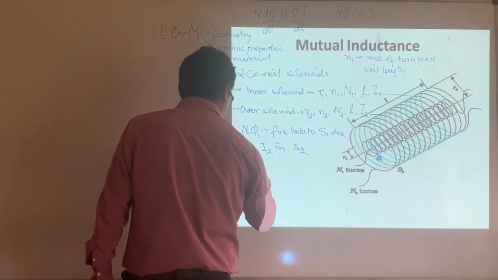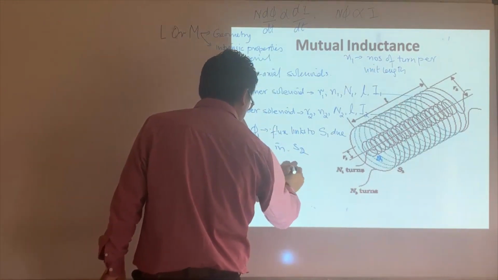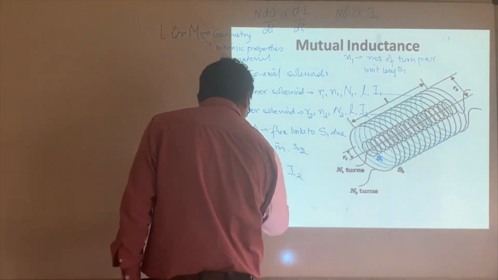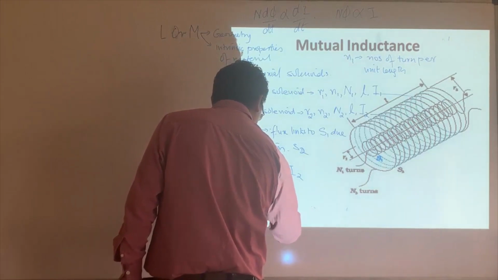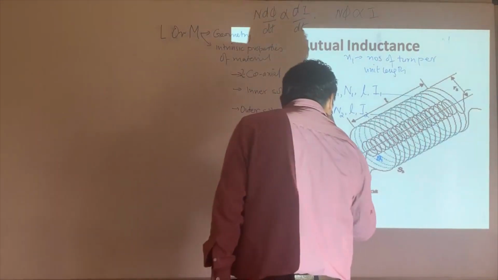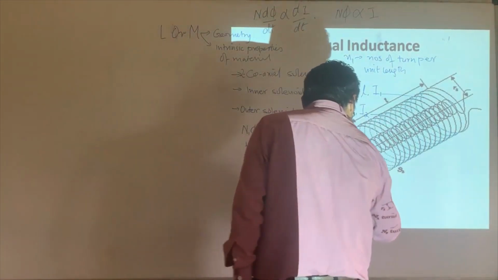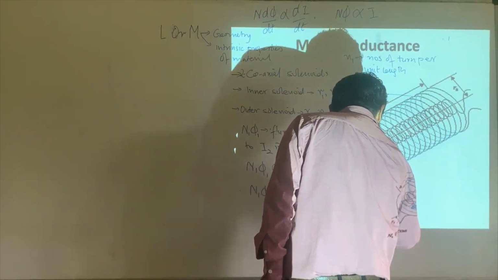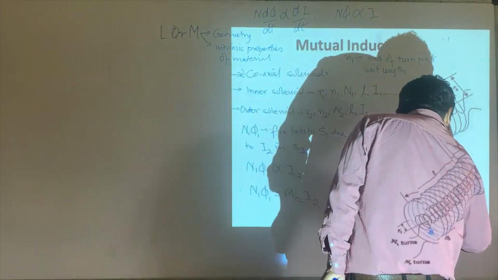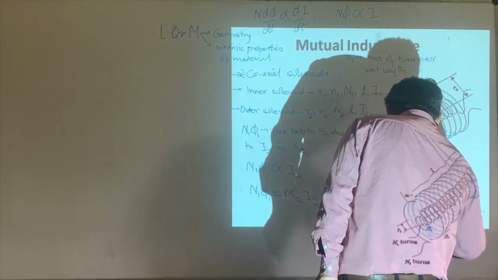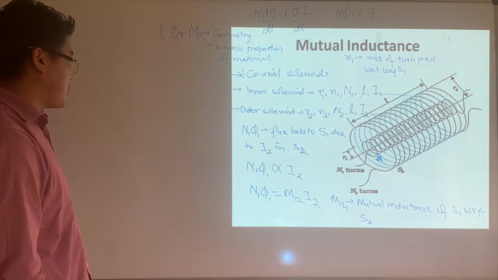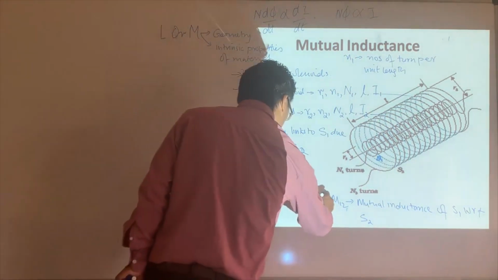This is proportional to I2, and then I remove the proportional sign and call it M12. M12 is the mutual inductance of S1 with respect to S2. And this is, let's say, equation number 1.